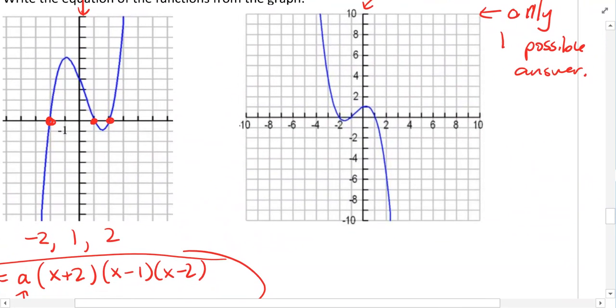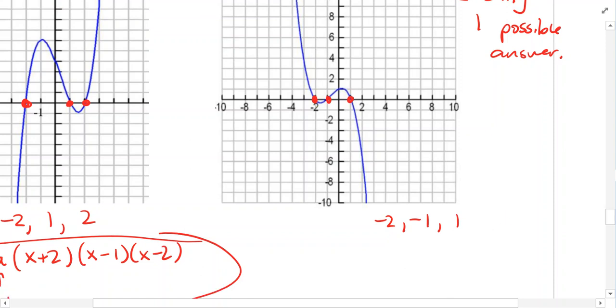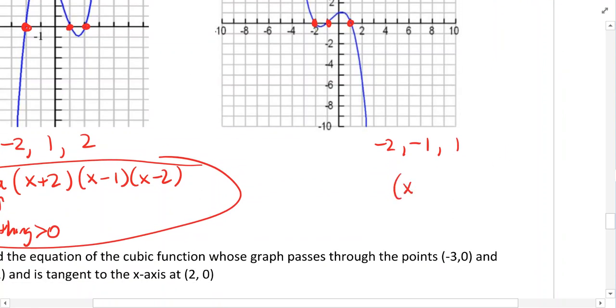Now this one here, you can see I'm crossing at -2, -1, and +1. All of those have going through, so they're odd multiplicities. Okay, x plus 2, x plus 1, x minus 1. But this problem is a little different. I'm still going to write y equals a times it.